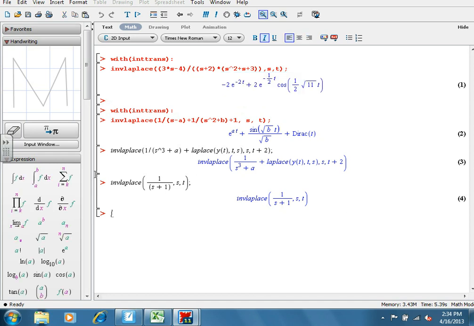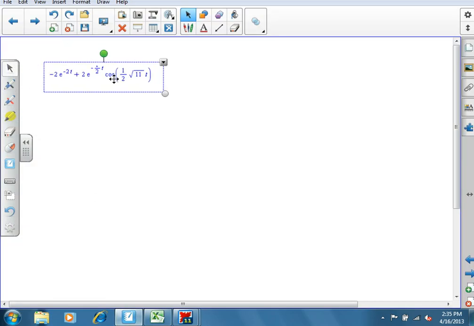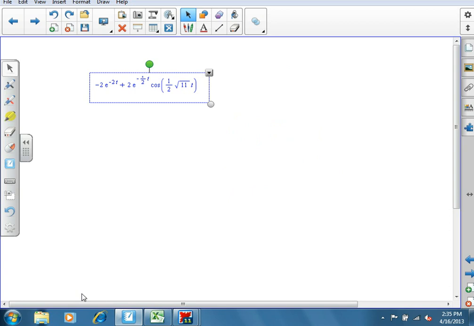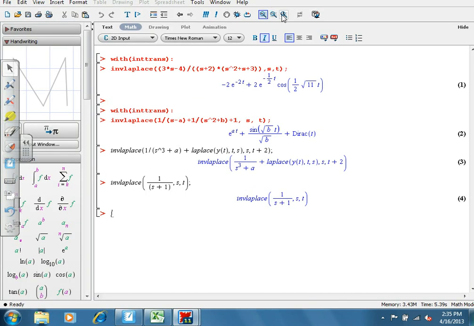Okay, we're going to do it one more time. Doesn't look like it's copying it. Is it copying it? Yes, it is. But it didn't get the 1/2. We'll try it again.